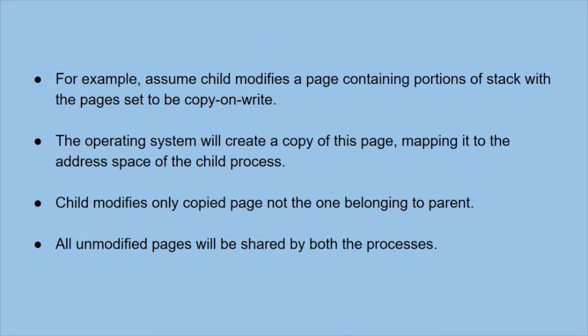The operating system will create a copy of this page, mapping it to the address space of the child process. The child modifies only the copied page, not the ones belonging to the parent. All unmodified pages will be shared by both processes.